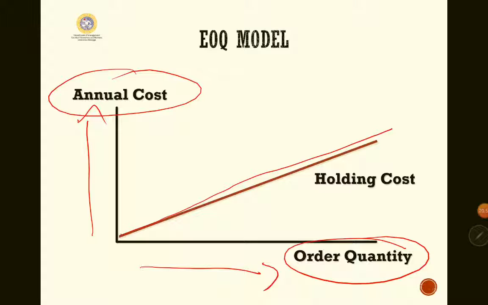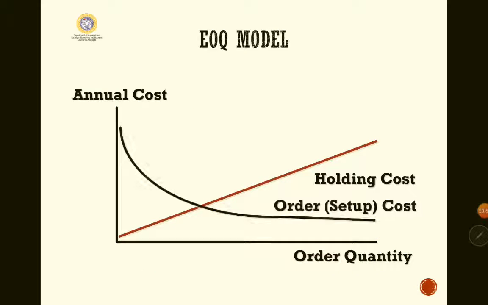The more you have order quantity, it directly contributes to your annual cost, linearly. And order or setup cost is diminishing at some point. So the more you order, you will decrease or minimize your cost.